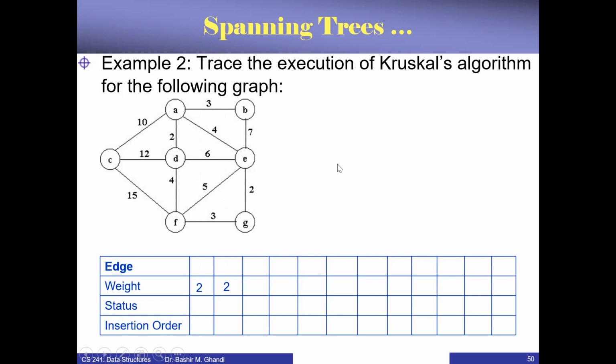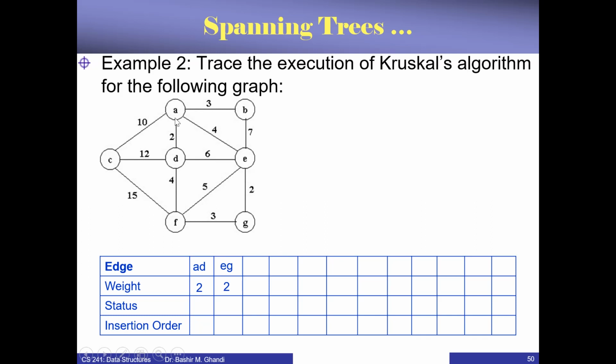As you can see here, I have put the weight of 2 twice, and they correspond to edges AD and EG. Please notice how we name the edges. In a simple graph, the edge can be regarded as AD or DA, but we prefer to name them alphabetically.